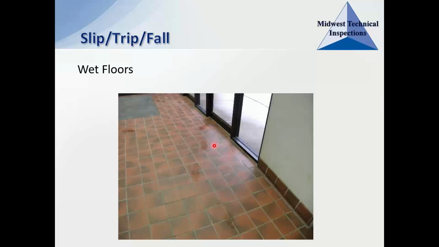So all of these places that you go to, be cognizant of what the flooring is and whether or not they have those non-slip mats at the entrances and exits. Even if it's carpet, it's not a bad idea to have a mat for them to wipe off their feet before they enter into the building.